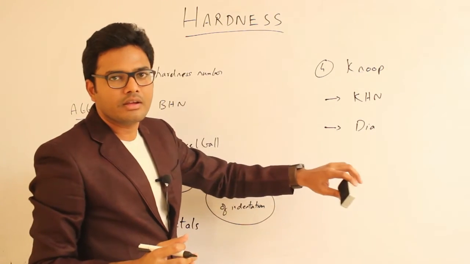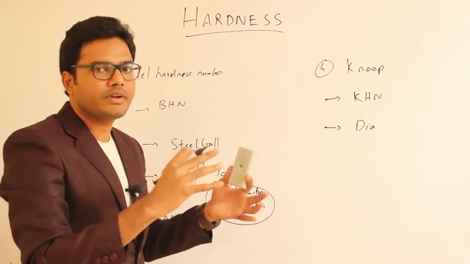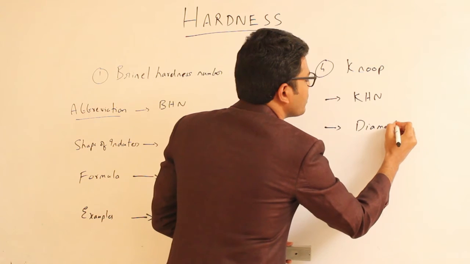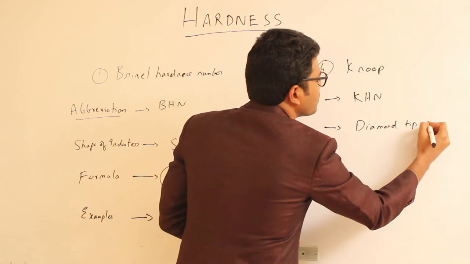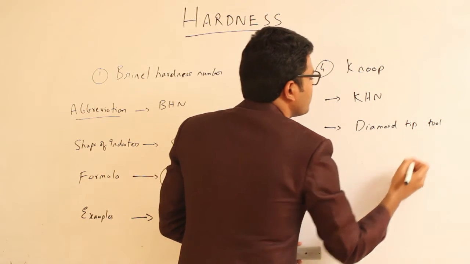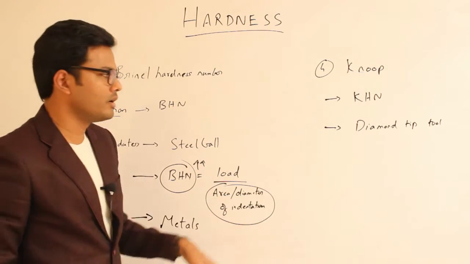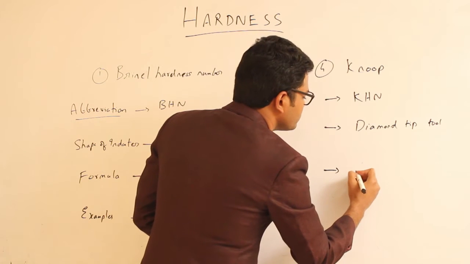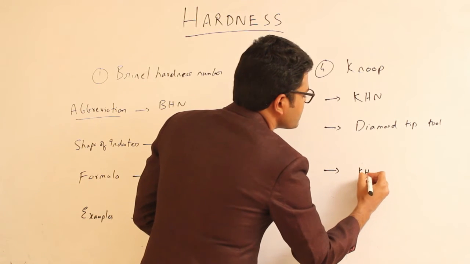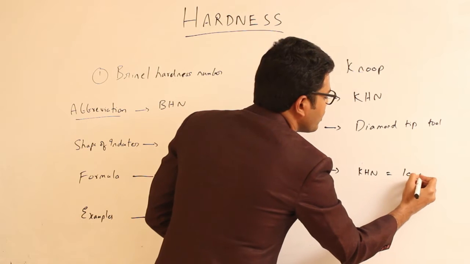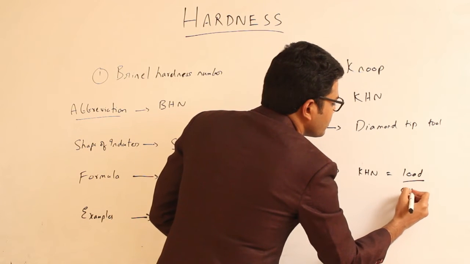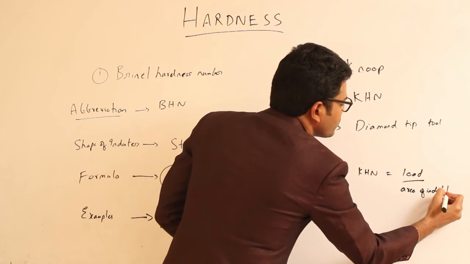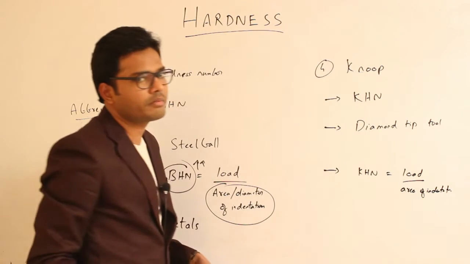They just mentioned that a diamond tip tool of specific dimensions is used in Knoop Hardness. Diamond tip. So using this we evaluate the hardness. So using the same formula again, the Knoop hardness number is given by load divided by area of indentation. So this is how we obtain a Knoop hardness number.